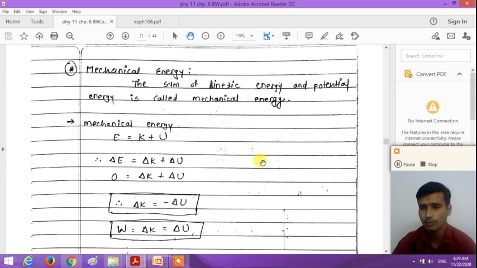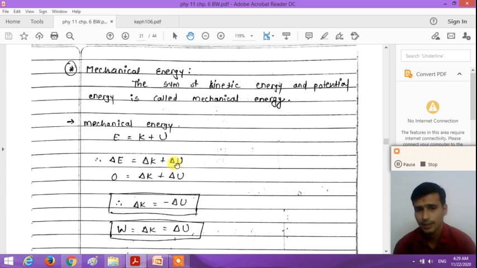As the object is thrown and moves in the upward direction, kinetic energy may change, potential energy may change, but the sum of the kinetic energy and potential energy remains constant, and that is called the law of conservation of mechanical energy. So mechanical energy E is equal to K plus U. So the change in the mechanical energy, delta E, is equal to delta K plus delta U, right?